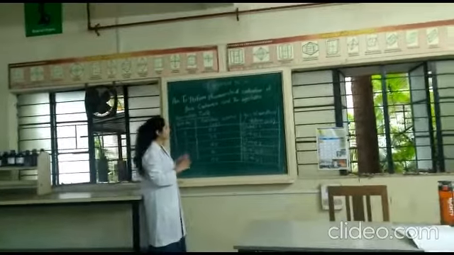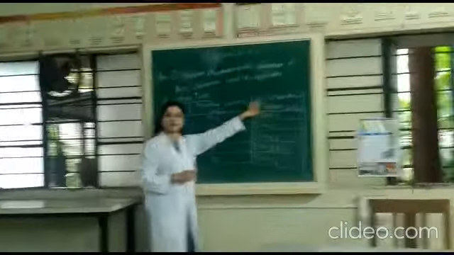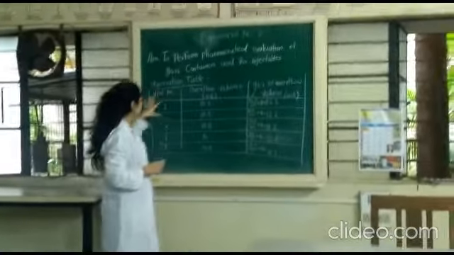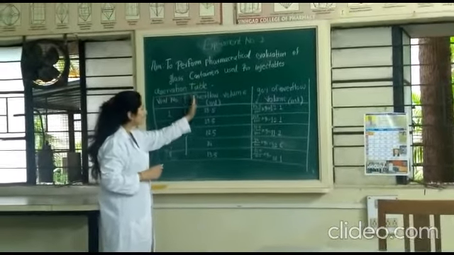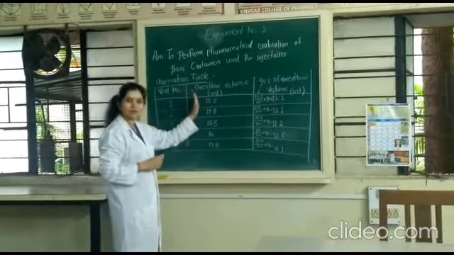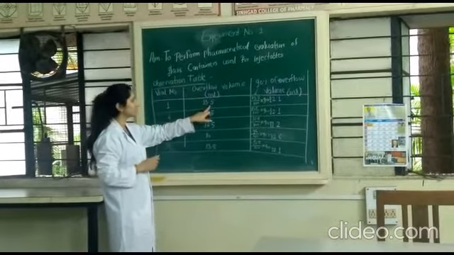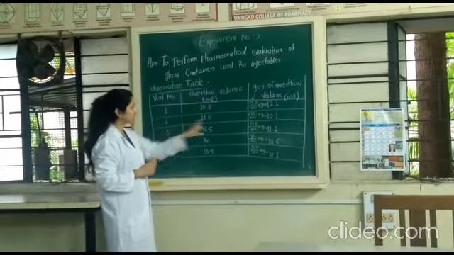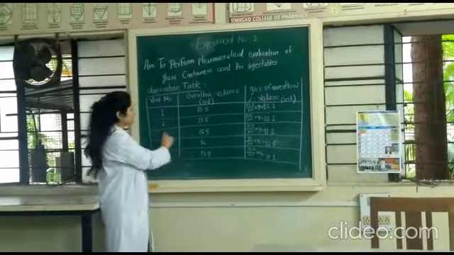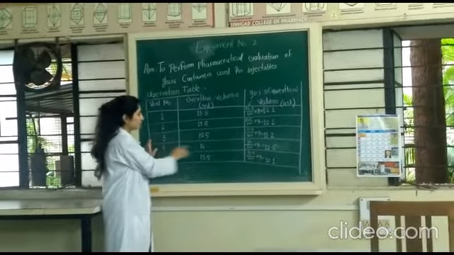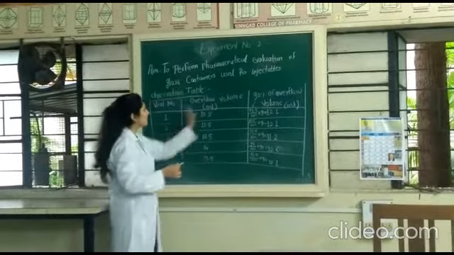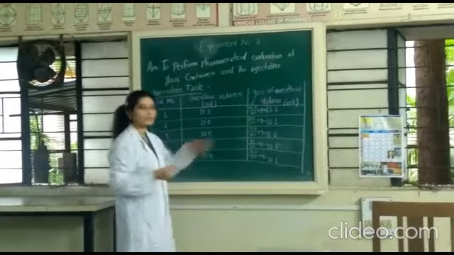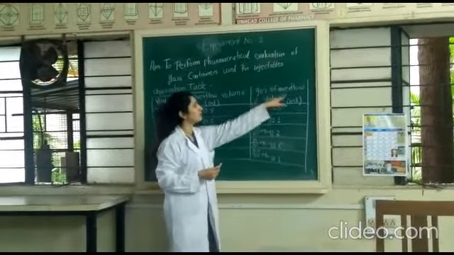Now we will see how to calculate the 90% of the overflow volume. Here we have taken 5 vials and measured the overflow volume. The first vial contains 13.5 ml, the second also 13.5 ml, the third 12.5 ml, the fourth 14 ml, and the fifth 13.5 ml. But we have to take into consideration 90% of the overflow volume.